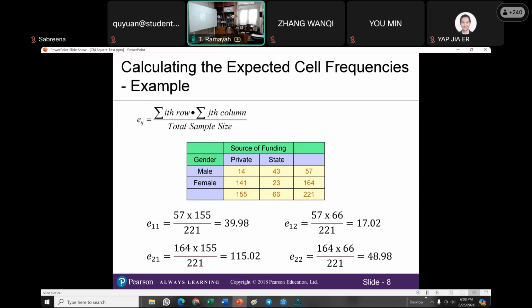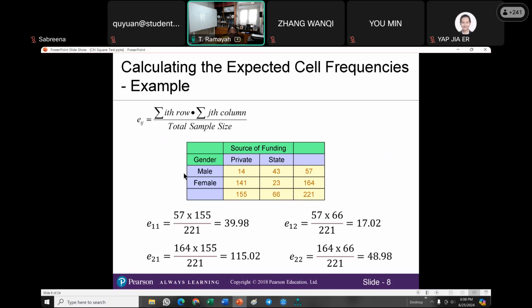So if you look at the same example, we were looking at gender, male and female. We want to see whether the source of funding, whether it's private or state, is independent or dependent of the gender. These numbers, 14, 43, 141, and 23, are called observed frequency.